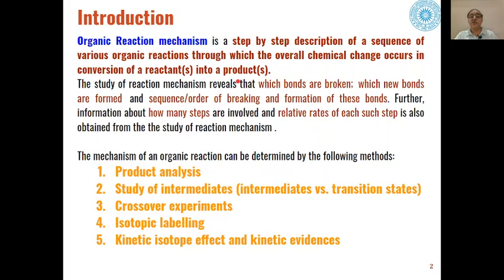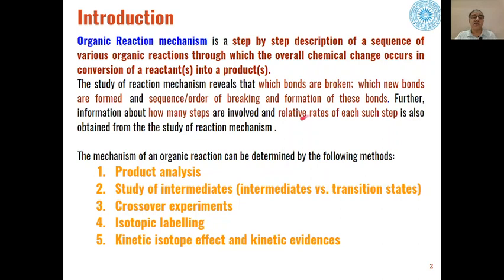Now, in a reaction mechanism, we precisely know what type of bonds are broken and what type of new bonds are formed. In addition, the mechanism also tells us about the sequence or order of breaking and formation of these bonds.